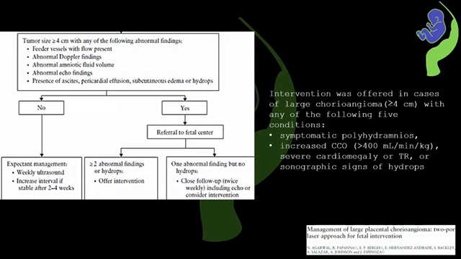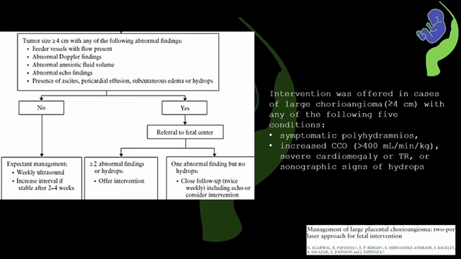If any one abnormal finding is detected, like shown in the picture, but there is no hydrops, then we move to close follow-up, usually twice weekly, with fetal echocardiography and having in mind early intervention if any abnormality progresses. If there are 2 or more abnormal findings, or if the fetus has already hydrops, then the intervention should be actively offered.